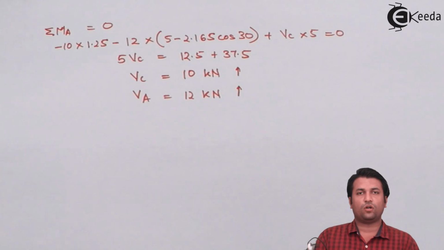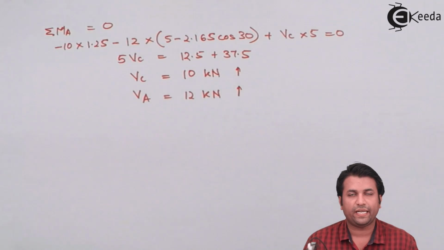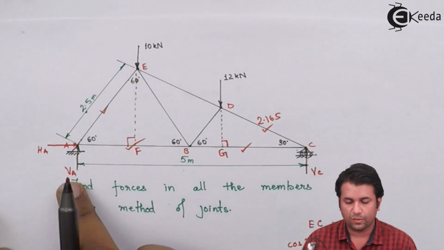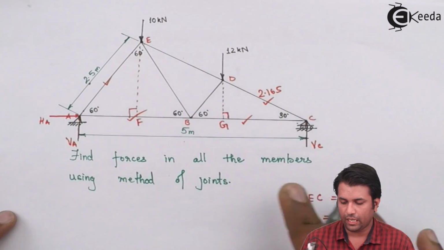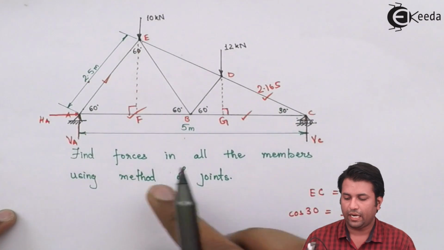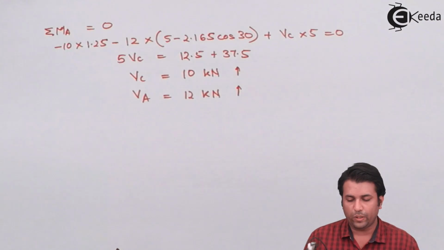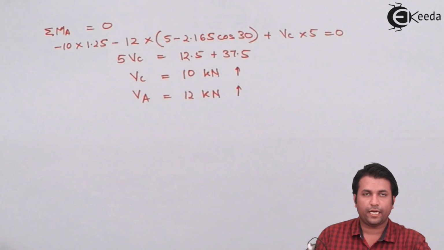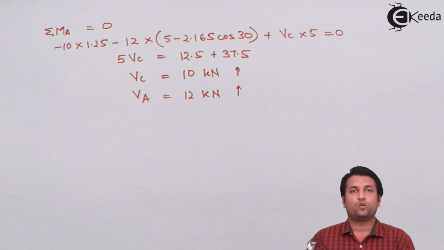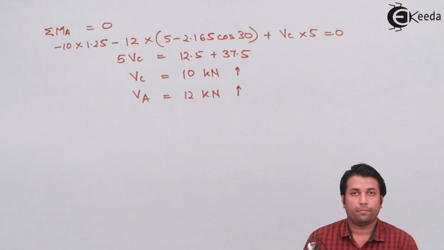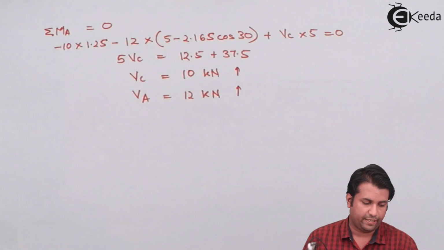now, once we have got the reactions at point A and point C, that is the vertical reaction at point A and the vertical reaction at point C, that is 10 and 12 kilonewtons, I can start with the method of joints and apply the condition of equilibrium at any joint. But before that, I need to understand which joint I have to select.